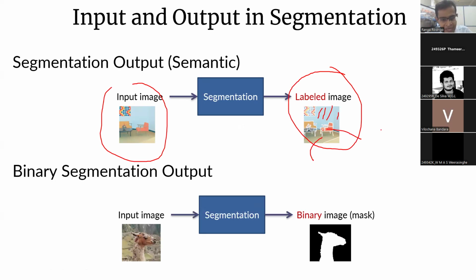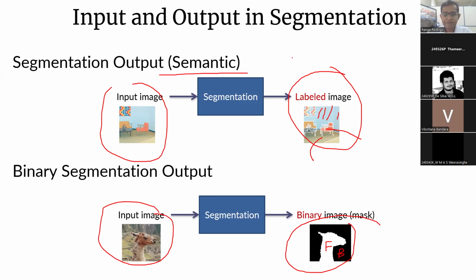An important part of segmentation is binary segmentation, where you have an input image and you give it a binary label, something like foreground and background. So this one is actually called semantic segmentation.